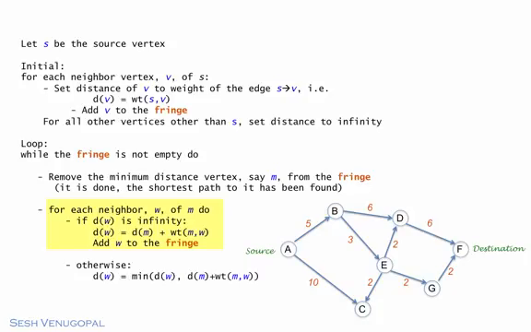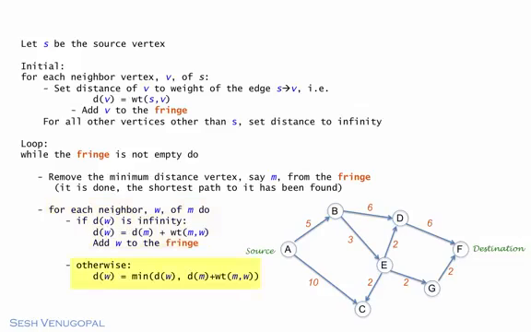And then for each neighbor of this vertex we just picked, if the distance of the neighbor is infinity, then we would set its distance to the distance of the minimum vertex plus the weight of the edge from that to the neighbor. So for example, for D, it would be 5, which is B's distance, plus 6, so 11. And for E, it would be 5 plus 3, 8. And these two vertices would be added to the fringe.